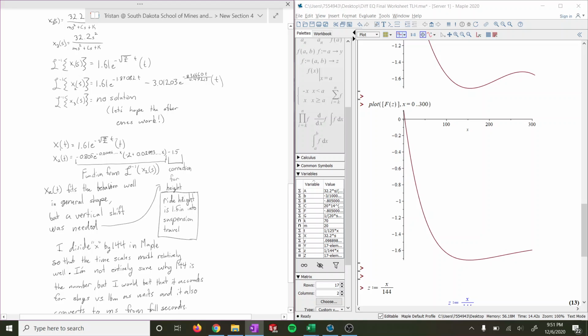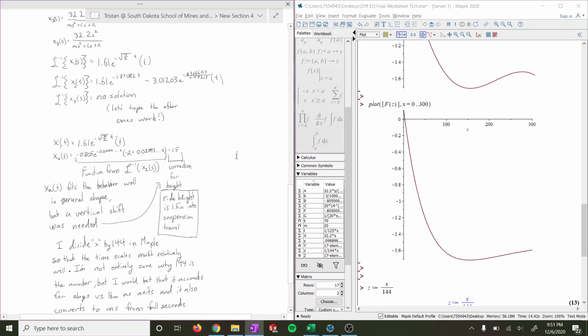This x2 of t down here, that's going to be the inverse Laplace transform of my linear term, and then I went ahead and did a height correction just to make sure that it would match my data in Excel that we took and did that cubic regression of.